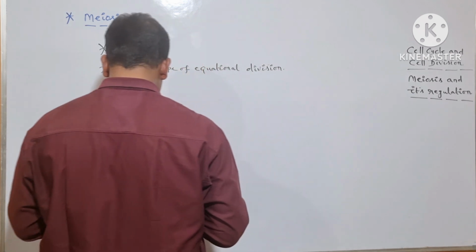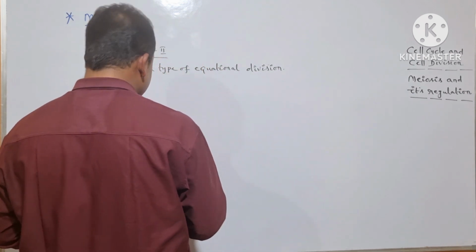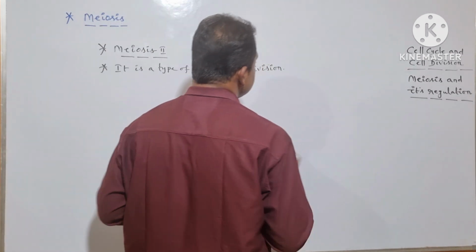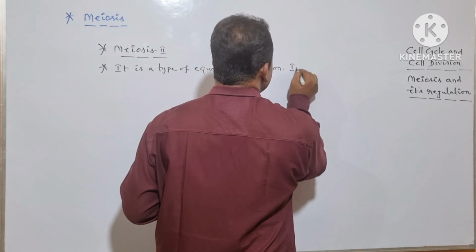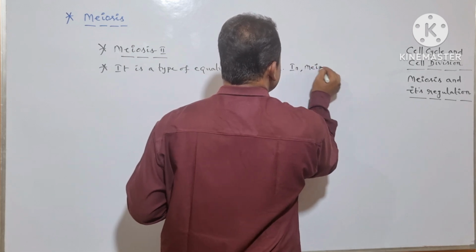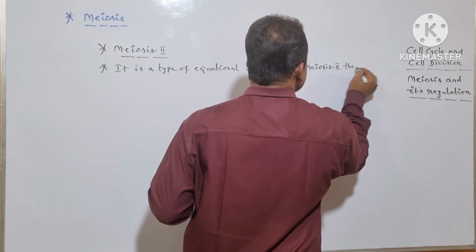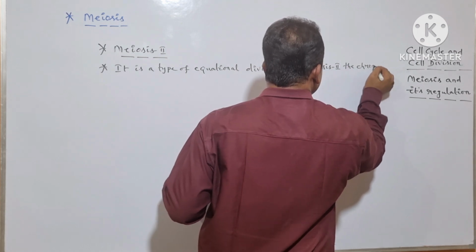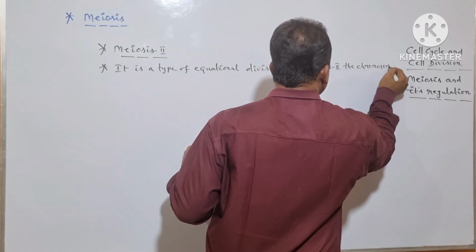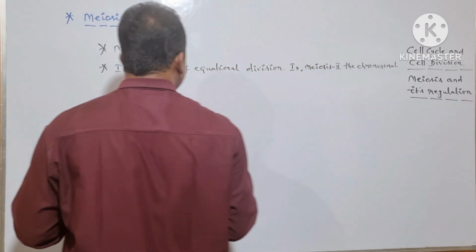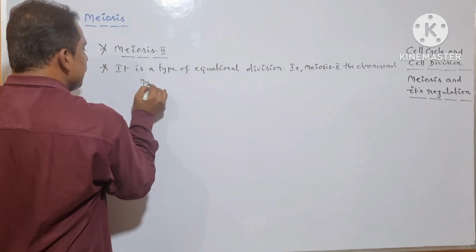And here, in case of meiosis 2, especially the chromosomal number remains constant. In meiosis 2, the chromosomal number remains constant.